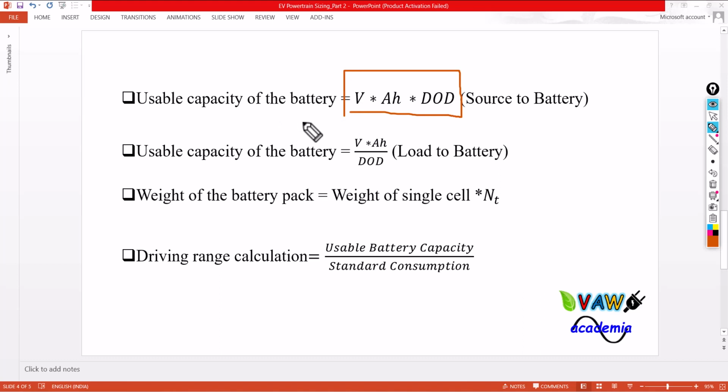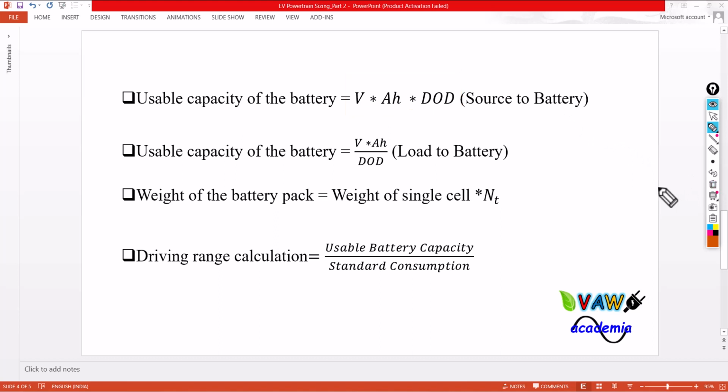Okay, so in my first simulation, I am going to calculate the usable capacity of the battery from source to battery only. But normally, whenever you go to the shop or design a vehicle, you need some requirements.